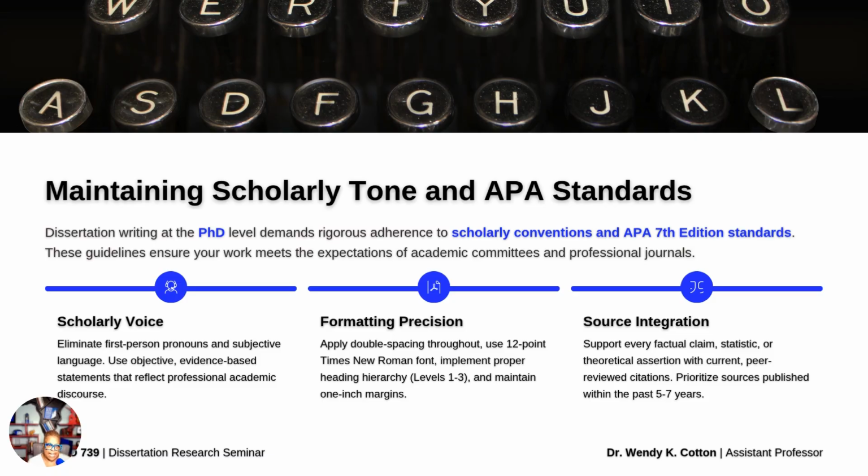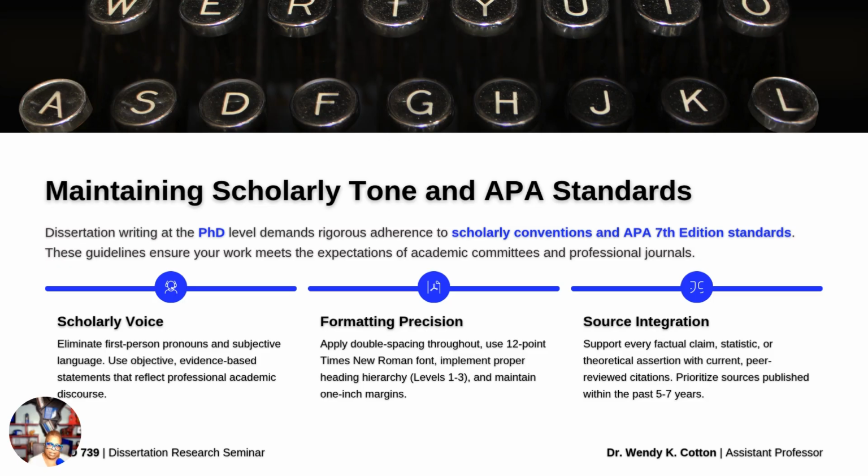So keep it factual. Use APA 7th edition formatting, double spacing, 12-point font, Times New Roman, and use level headings. Support your claims. Any claim that you make, any assertion that you make should be supported by credible sources. So, in other words, you have to cite what you write.